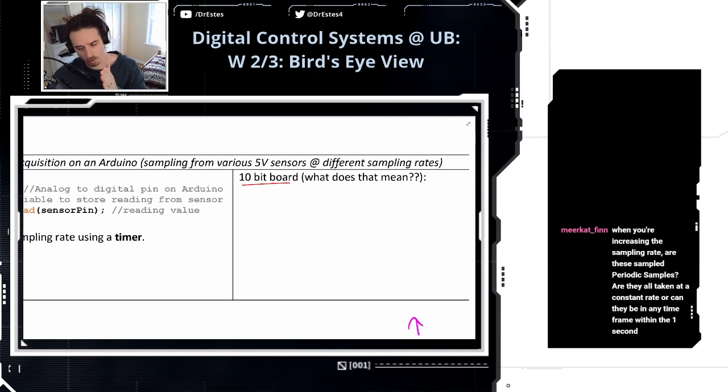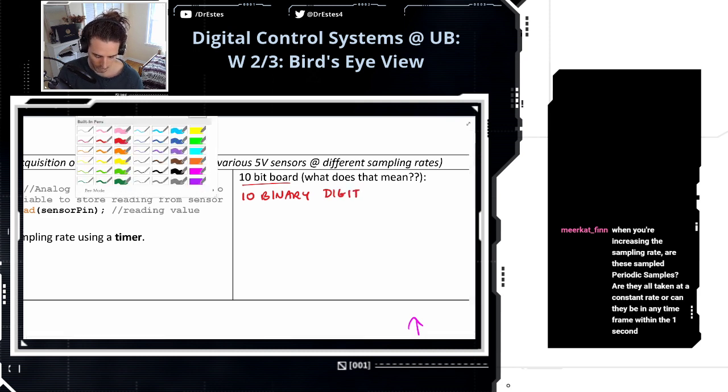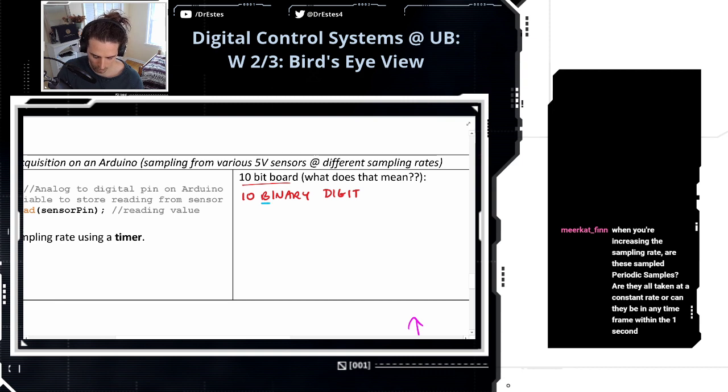And I'll show you in the code exactly how I make sure that it's periodic. Okay, so 10-bit stands for 10 binary digits. And this is where the word bit comes from, the BIT, which from Wikipedia I learned is called a portmanteau.